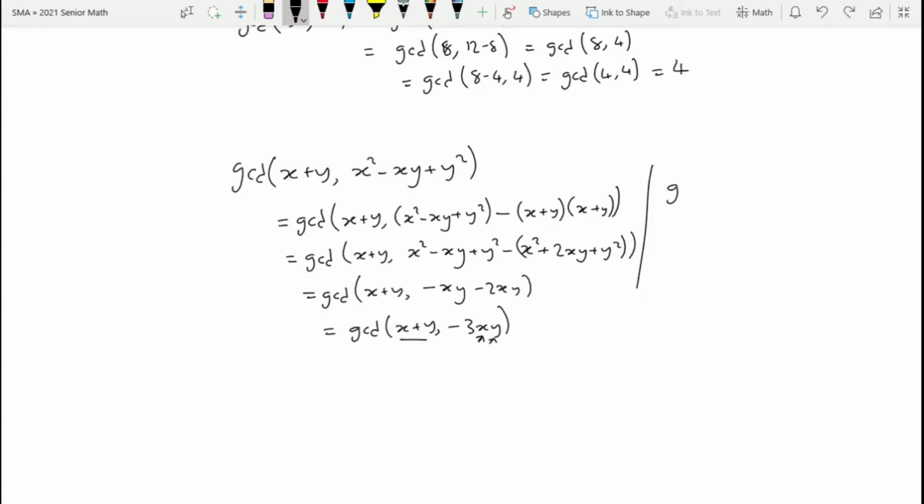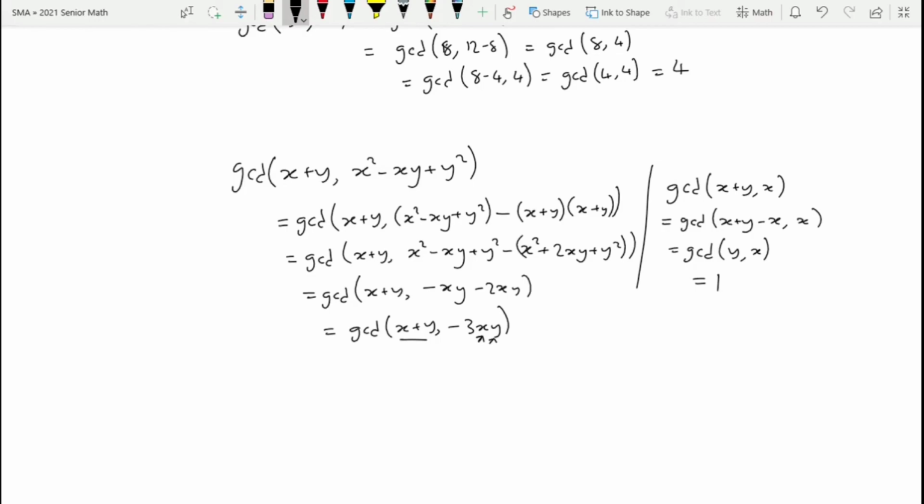So we're looking for the GCD of x plus y and x, and from the Euclidean algorithm, this is equal to the GCD of x plus y minus x and x, which is equal to the GCD of y and x. And the question told us that the GCD of x and y is 1. So the GCD of y and x is going to be 1.